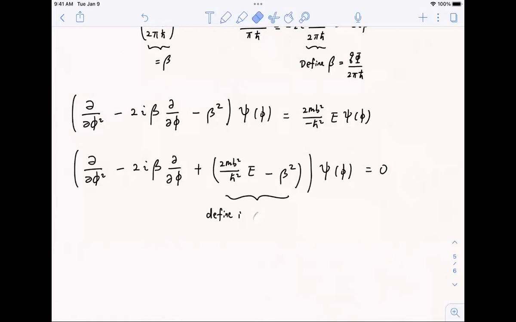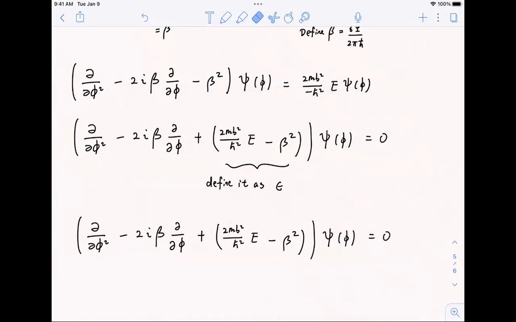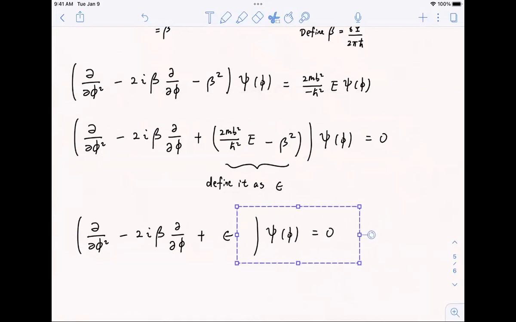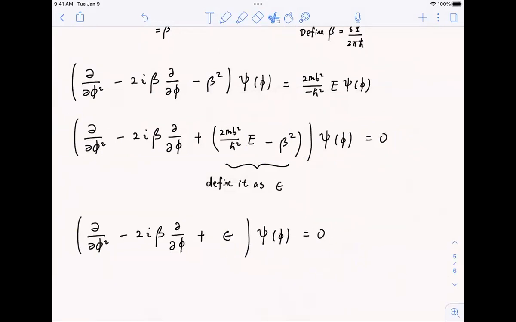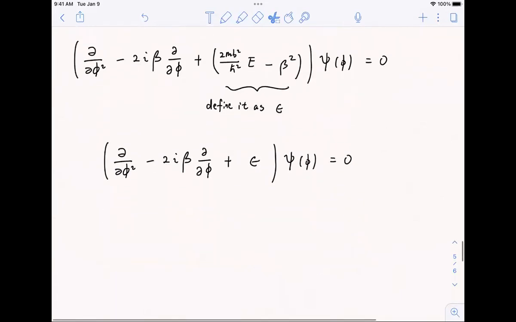Define it as epsilon. Okay, so eventually you get this result. Epsilon. Okay, so this equation is actually exactly solvable.